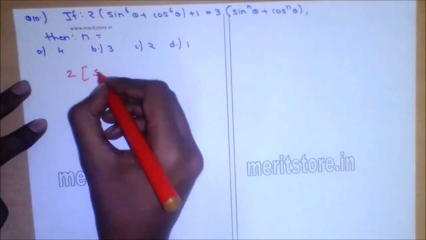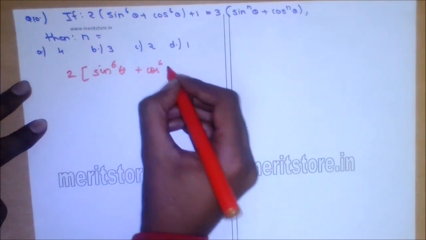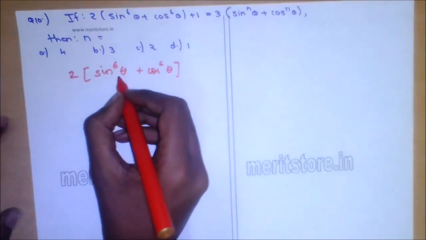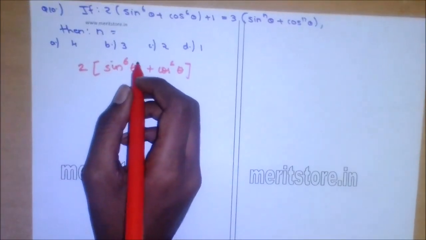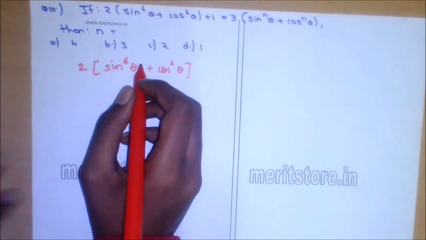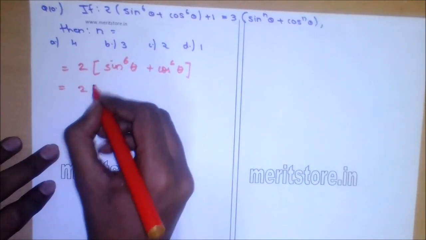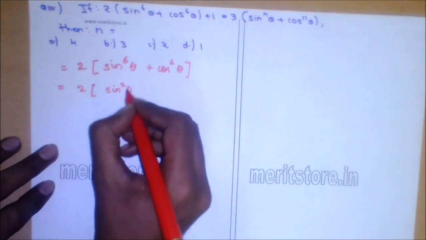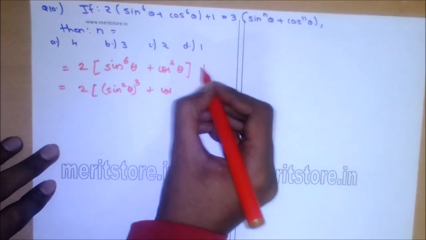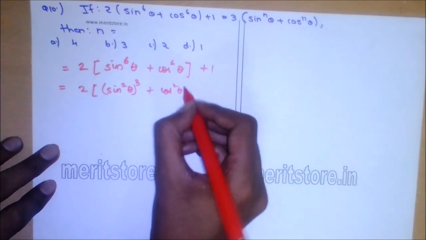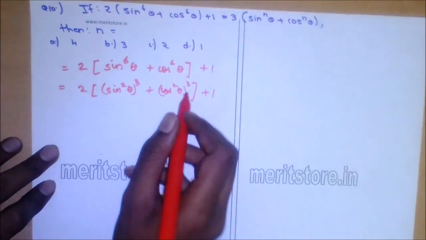So we have 2 into sine raised to 6 theta plus cos raised to 6 theta. Sine raised to 6 theta can be written as sine square theta cube plus cos square theta cube, plus 1. This is in the form of a cube plus b cube.